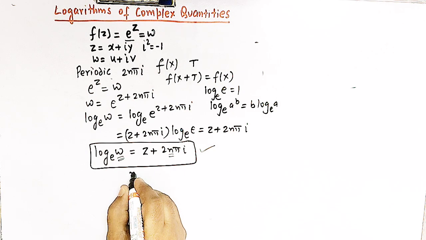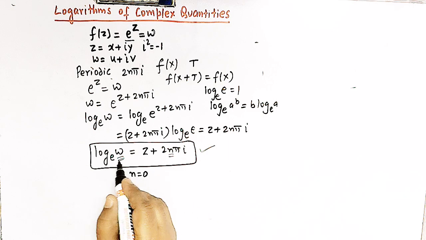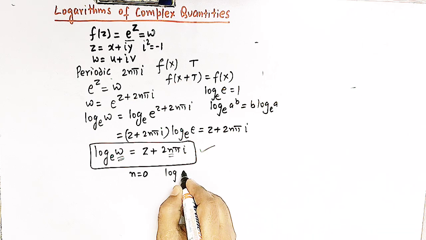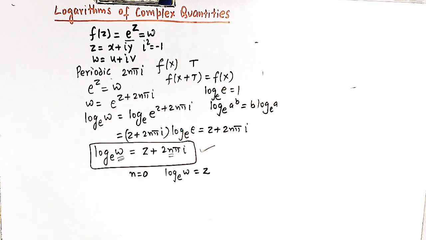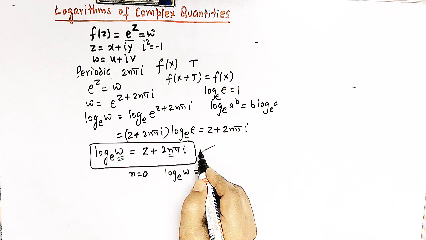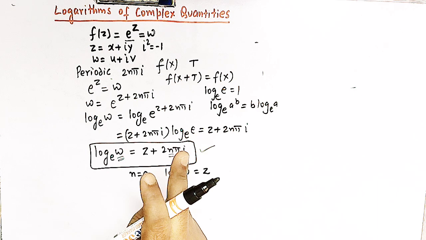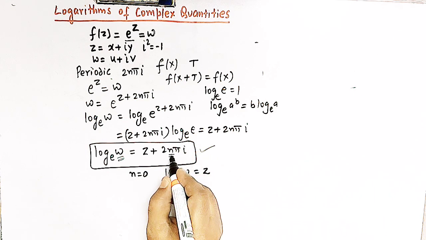When we take n equal to 0 in this expression, the principal value of the logarithm of w is given by log w to the base e, and this is equal to z. So from this expression we conclude that the logarithm of a complex quantity has an infinite number of values because it depends on n.